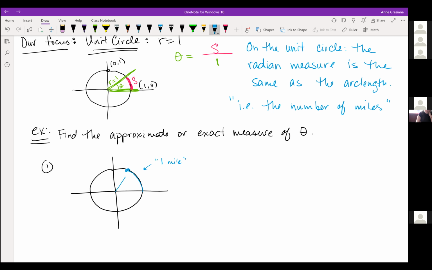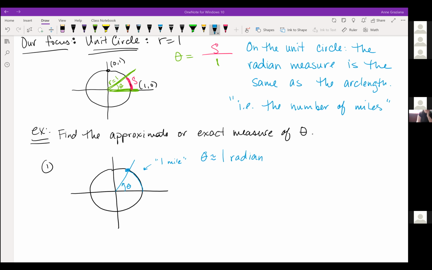So then the angle swept out from the x-axis to that point is my theta. What would we say theta is approximately? It's 1 radian. So that arc length, that distance, is the number of radians.